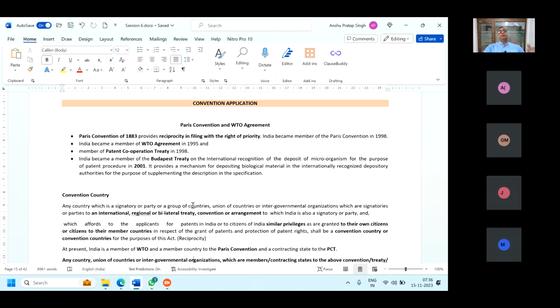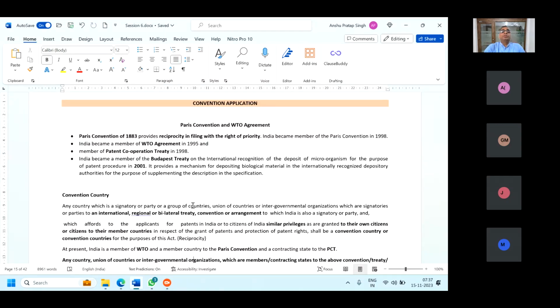We have discussed it. The Budapest Treaty is on the international recognition of the deposit of microorganisms for the purpose of patent processing. What happens is, if you are patenting something where a microorganism is getting patented, then you need to deposit it with a certain depository which has been recognized.